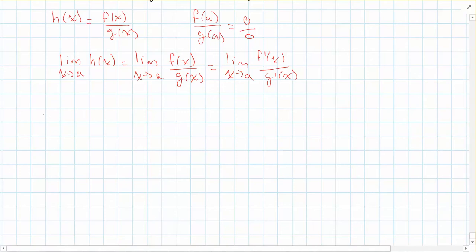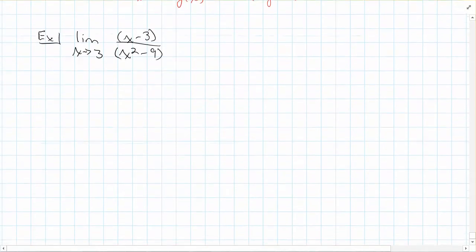So let's look at an example: the limit as x approaches 3 of x minus 3 over x squared minus 9. If I plug 3 in, I get 0 over 0. This is one that we can already do with techniques from chapter 2. The denominator factors, and you get the limit as x approaches 3 of x minus 3 over x minus 3 times x plus 3.